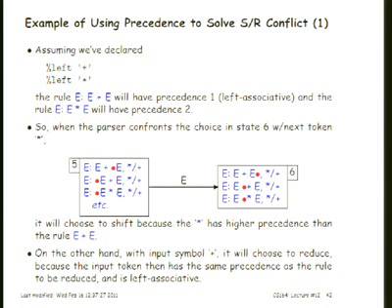So if I want to give star higher precedence than plus, or if I want star to group more strongly, then I simply give it higher precedence.